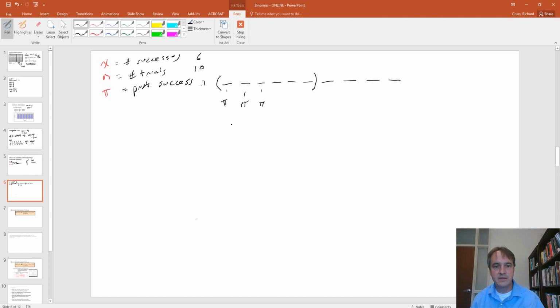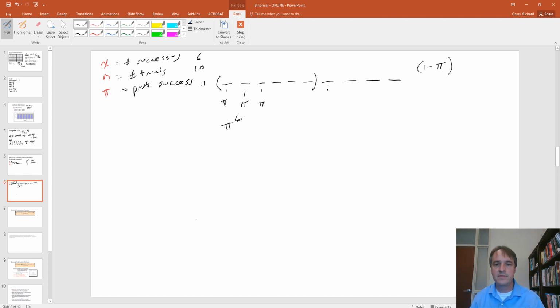So this is going to be pi, the probability of success, raised to the 6th power, times, and then these are all the failures, right? So what's the probability of failure? Well, if the probability of success is 0.7, then the probability of failure is 0.3. That's just 1 minus pi, because there are only two possible outcomes here, success or failure.